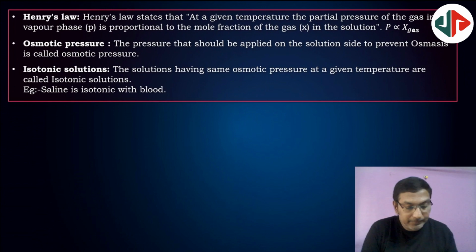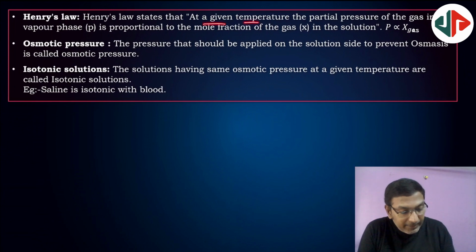Next, Henry's law. So Henry's law states that at a given temperature, partial pressure of gas in vapor phase is directly proportional to mole fraction of that gas in solution.